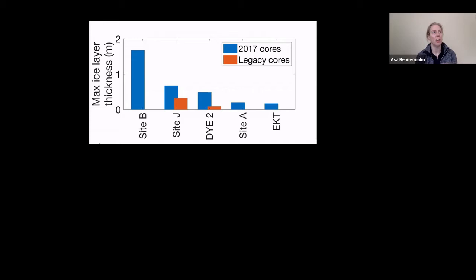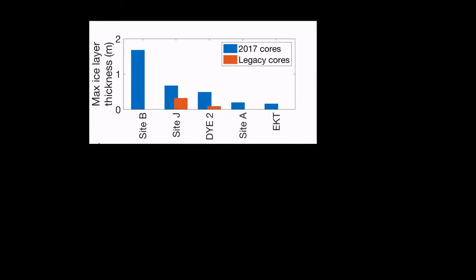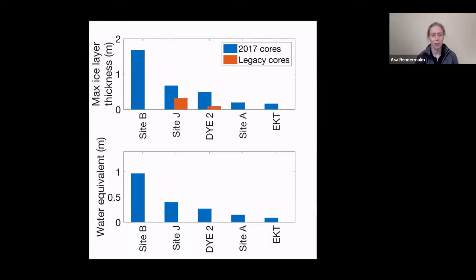So imagine it's all snow, and then you fill it up with water to create an ice layer. This figure shows the water equivalents that you would need to fill up the pore space to create an ice layer of this thickness. I hope that makes sense. And so you can see that for site B, it's almost 1 meter, and then it drops quite dramatically.